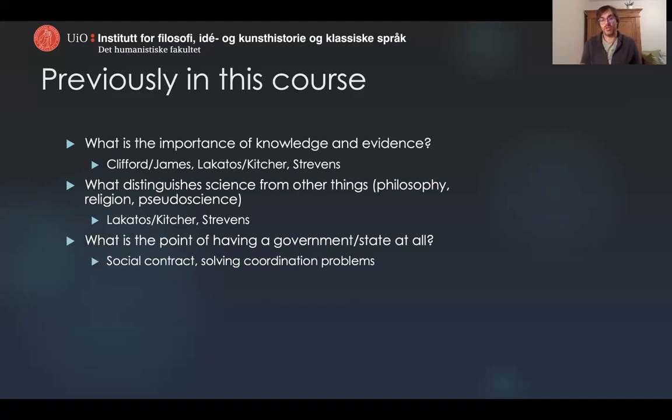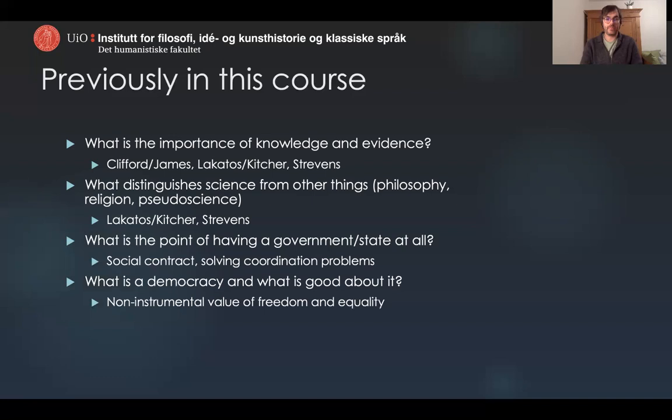So we need the state to get what is actually in our interests. We looked at this also from the tragedy of the commons perspective.